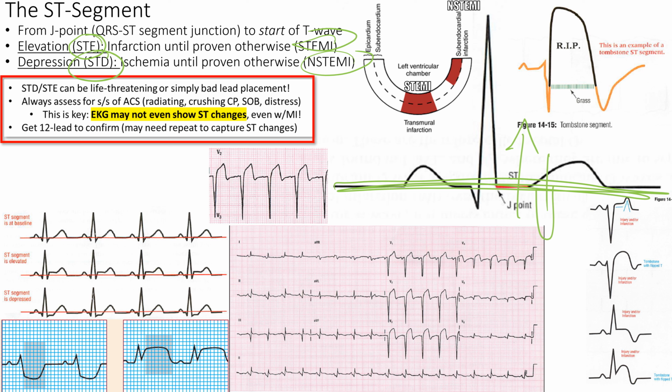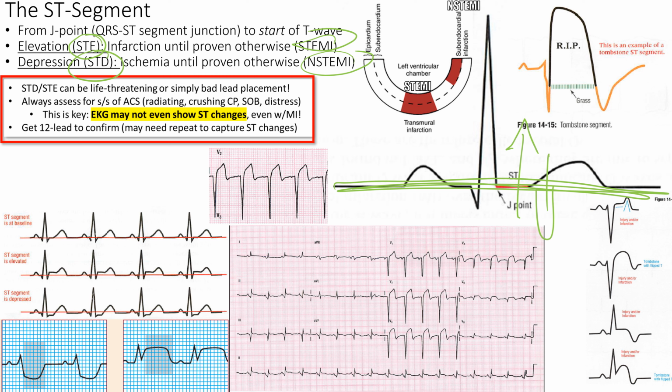Okay, so sometimes EKGs are only like 60% accurate. So when someone comes in with a heart attack and they say, "Oh, I put them on the EKG and the EKG showed nothing," well, it's only 60% accurate. That's only a little bit better than a coin flip, right? So looking at the symptoms is the most important piece. You'll learn about the symptoms more in MedSurg 3. I think we'll touch on it for exam 2, because your patient can have a complication of acute coronary syndrome if they have CHF or the like.